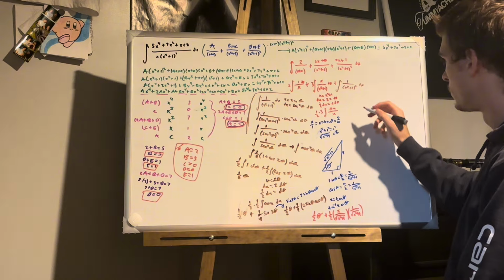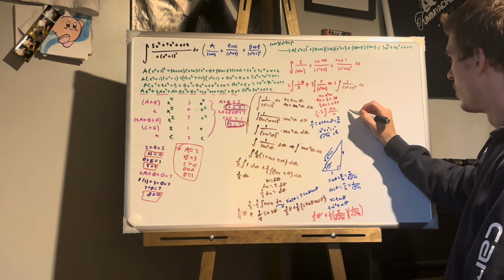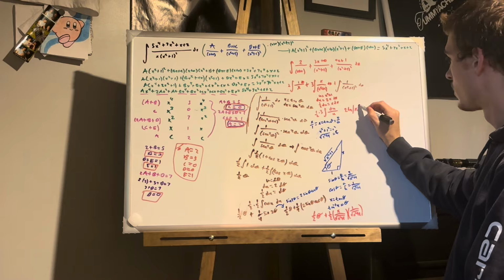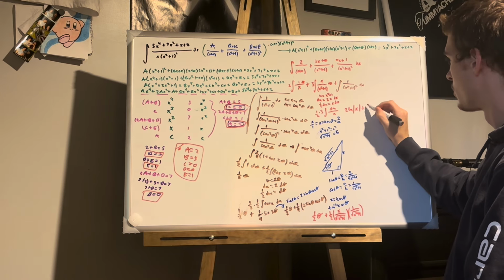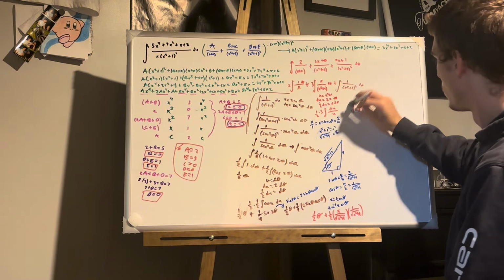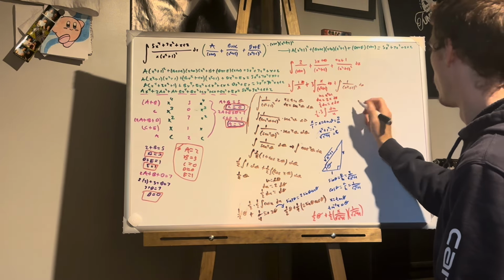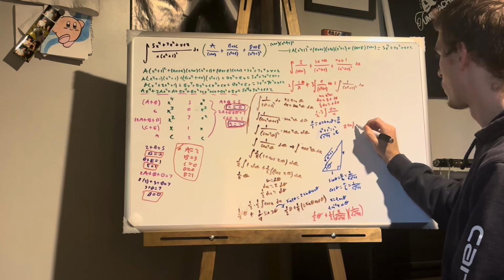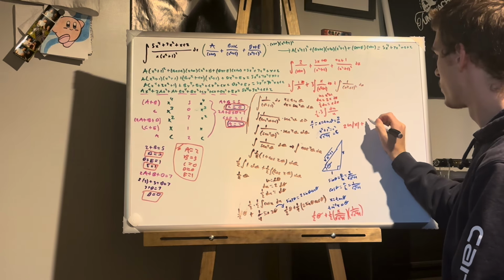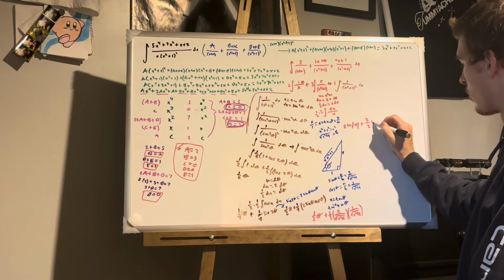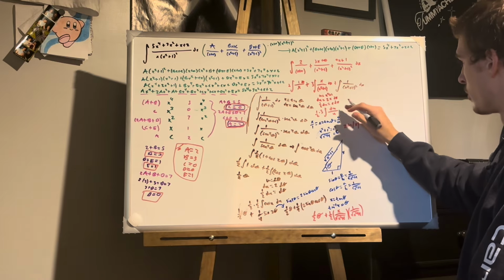So we can do 2 natural log of x plus 3 over 2 natural log of u, because it's 1 over u.